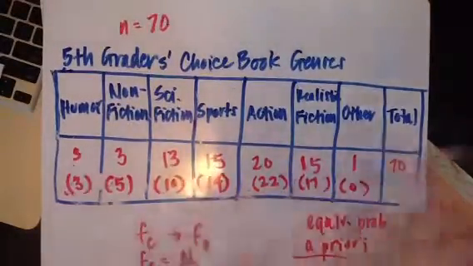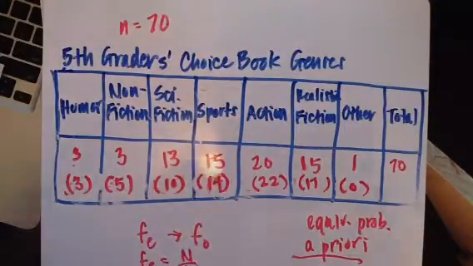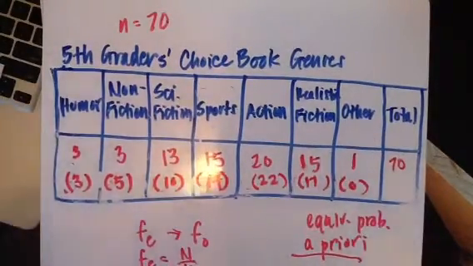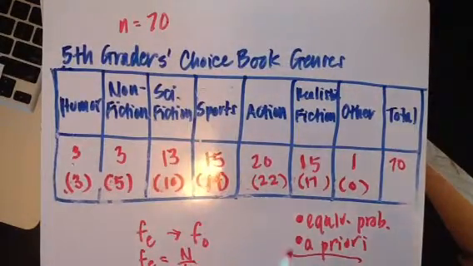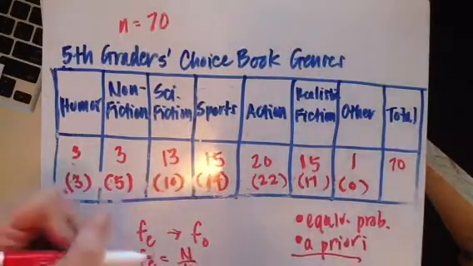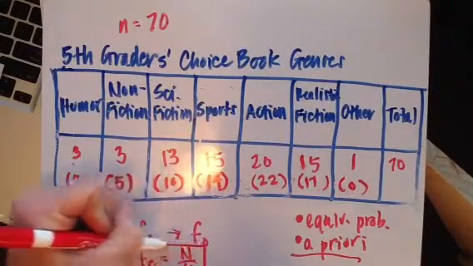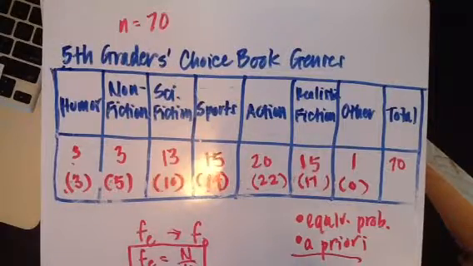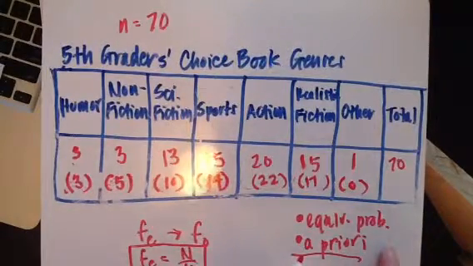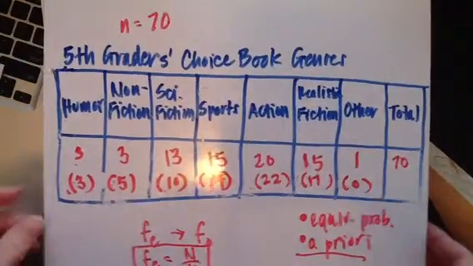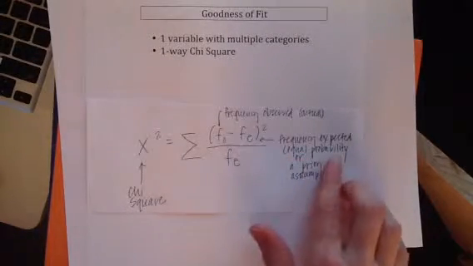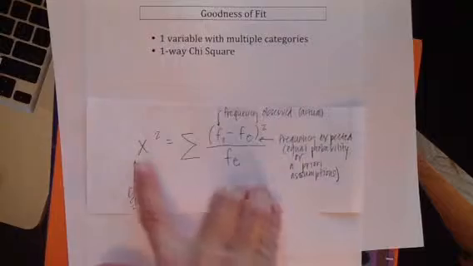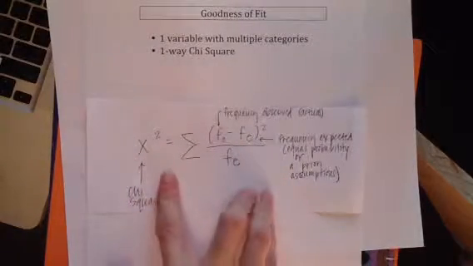And I totally don't know if my numbers are even adding up to 70, but it doesn't matter, because the point here is there are two ways to get your expected frequencies, either through equal probability, in which case you use this formula here, we're just dividing your n by your number of categories, your k, or based on a priori assumptions, which will be derived from previous observations or research, okay? But regardless of whether your expected frequencies come from equal probability or a priori assumptions, this same formula is going to be used for determining chi-square.